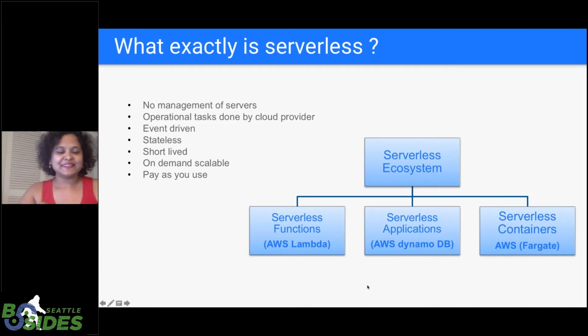As the name suggests, in serverless, we don't have to manage the servers. Management of servers, patches, and whatnot, and other operational duties are performed by the cloud provider. Serverless applications are like abstracted services, which are event driven, short-lived and stateless.